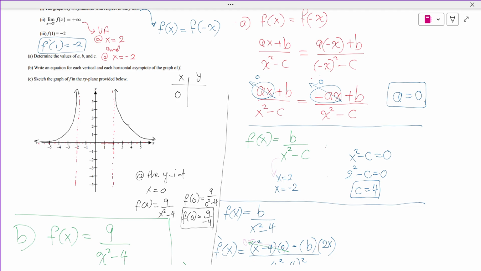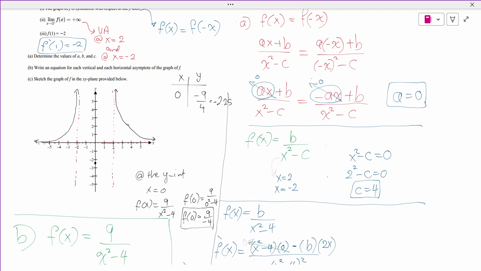You substitute 0 into the function 9 over x squared minus 4 and get minus 9 over 4. And minus 9 over 4 in decimal is negative 2.25. So you will label a point at negative 2.25, which is somewhere here.